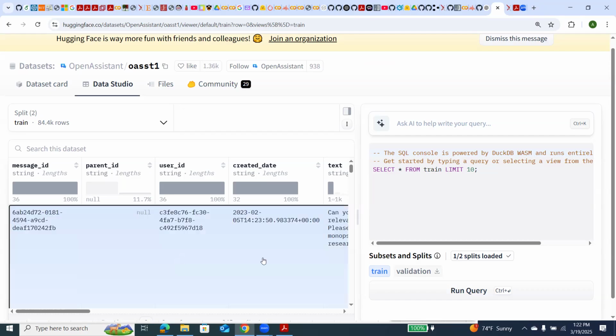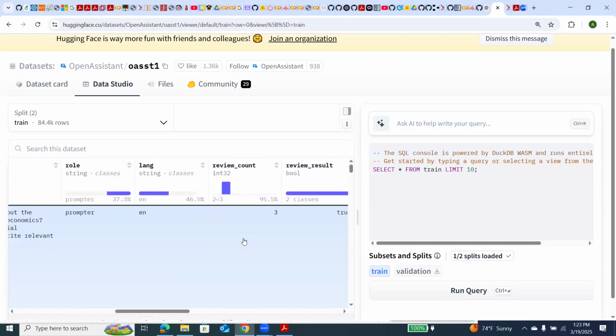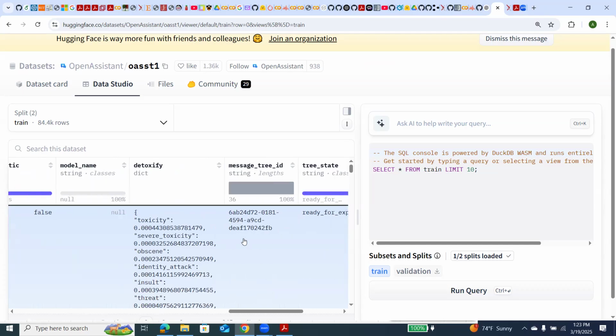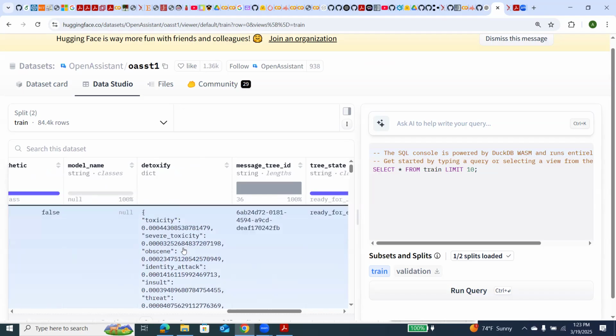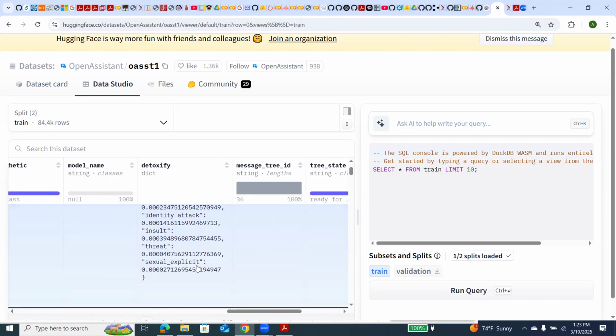And so here's an example. Can you write a short introduction about the relevance? And there are some metrics like toxicity, severe toxicity, mild toxicity, and so on, sexual explicit.